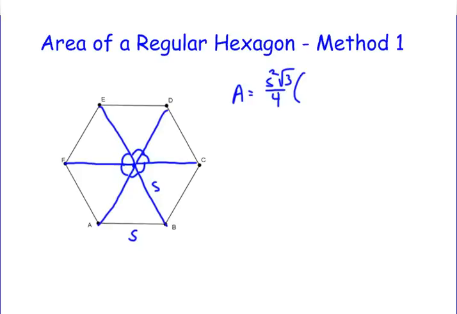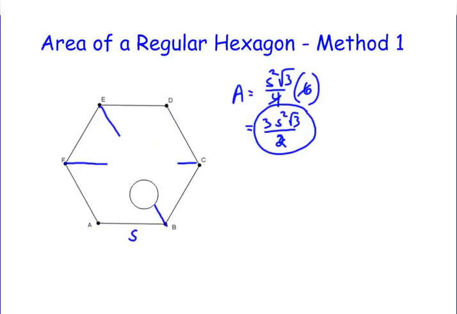So if you multiply that by 6, then you get 3 side squared root 3 over 2, and you cancel out your 2 from your 6 and the 4. So the area of a regular hexagon, given its side length, is just 3 side squared root 3 over 2. Very simple, very easy formula, very easily derivable from the fact that it's made up of 6 equilateral triangles.